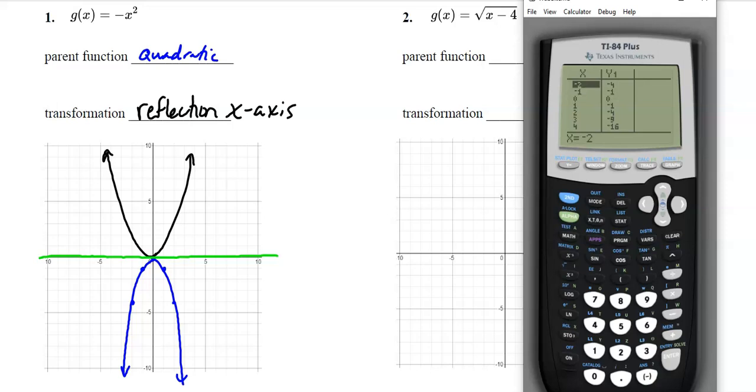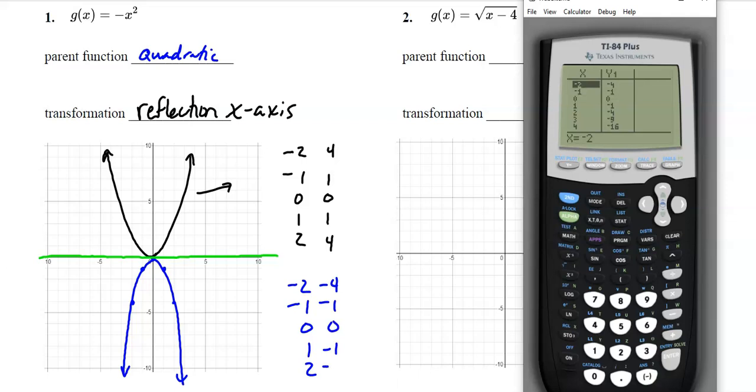And there was a teacher-made assignment where it grades it for you, and I believe I made this one a drop-down menu, so you had some choices to pick from. Also, if you compare the parent's table, negative 2, negative 1, 0, 1, 2, where you got 4, 1, 0, 1, 4, with this blue table here, and you analyze them and match them up, you will notice that everything is the same with one exception, and that is all the y's are opposite.